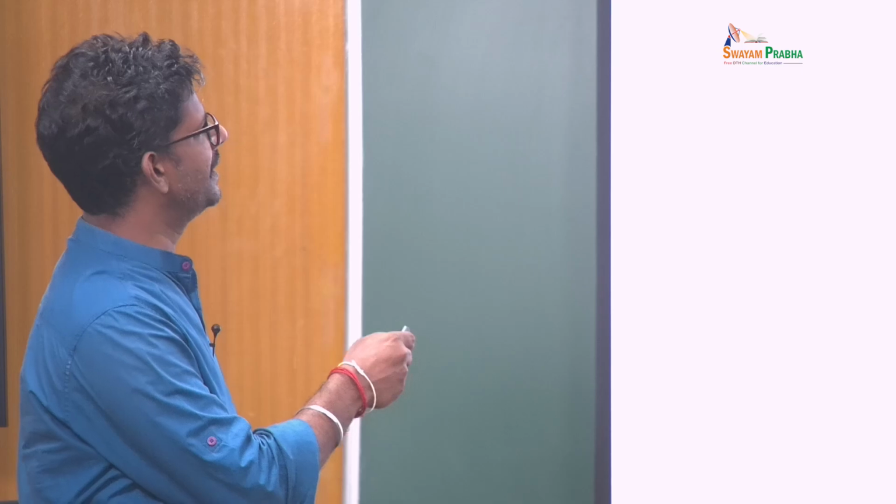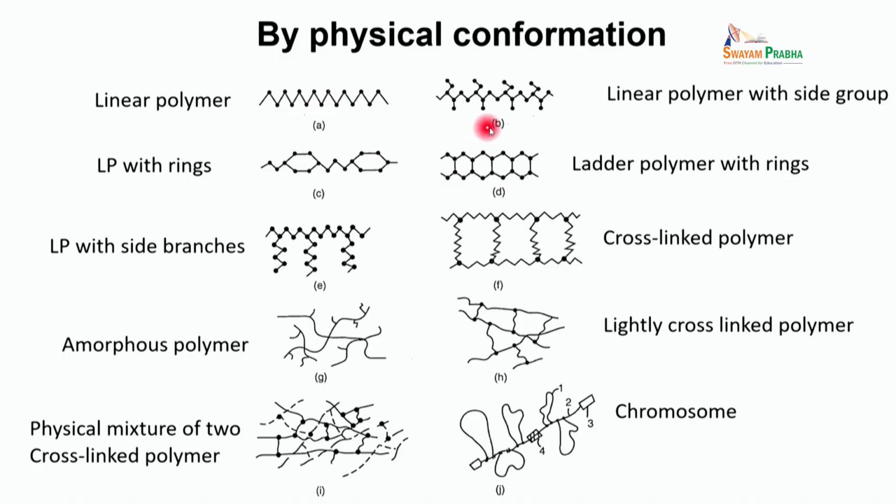There are polymers that are linear. Sometimes the linear molecule can have some side groups. Then you can have some ring-like structure in between, or ring-like polymer attached. You can have a backbone and then side chains, branches, or you can have cross-linking.